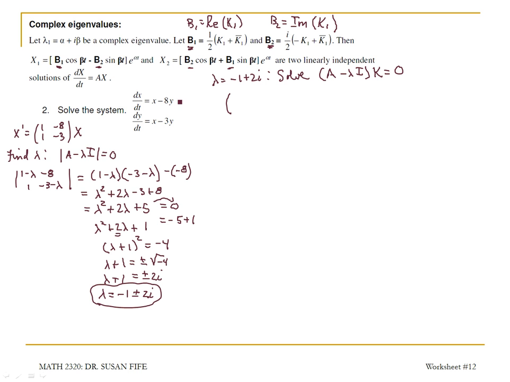So I'm actually adding 1 and subtracting 2i. That's going to give me a 1 plus 1, which is 2, subtract off 2i. And here adding 1 gives me a negative 2, and then minus 2i, times k equals 0.